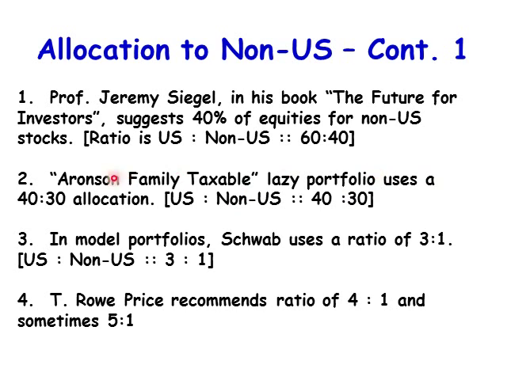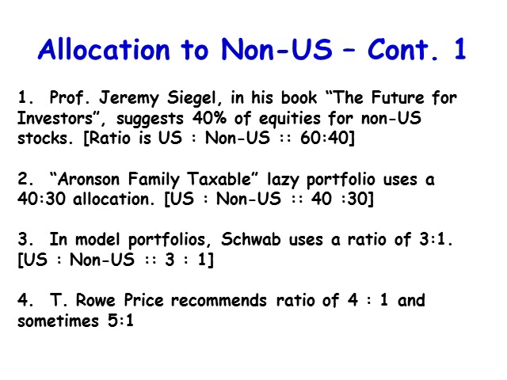The lazy portfolio uses an allocation of 40 to 30: US is 40% and non-US is 30%. It's a 40 to 30 ratio. Okay? In its model portfolio, Schwab uses a US to non-US ratio of 3 to 1. And T. Rowe Price recommends a ratio of 4 to 1, and sometimes 5 to 1.